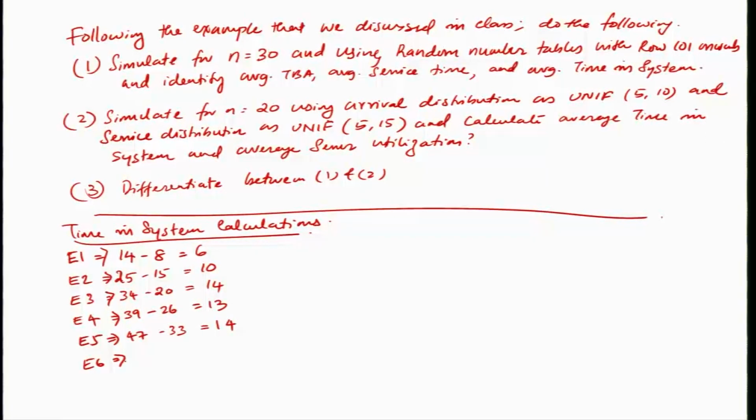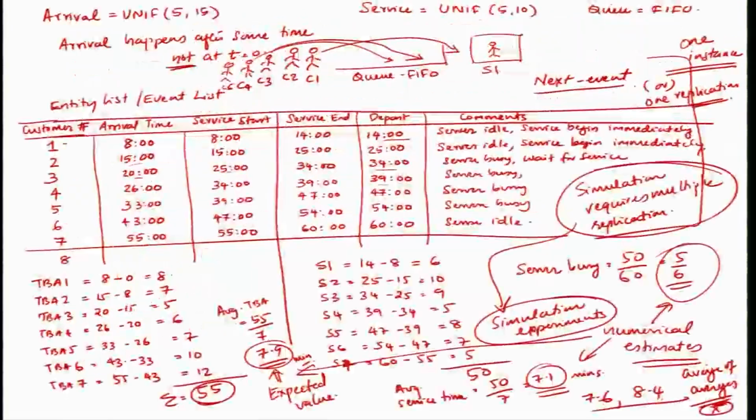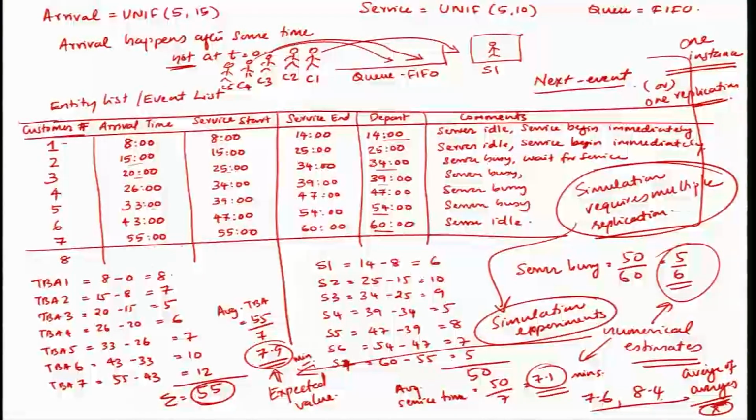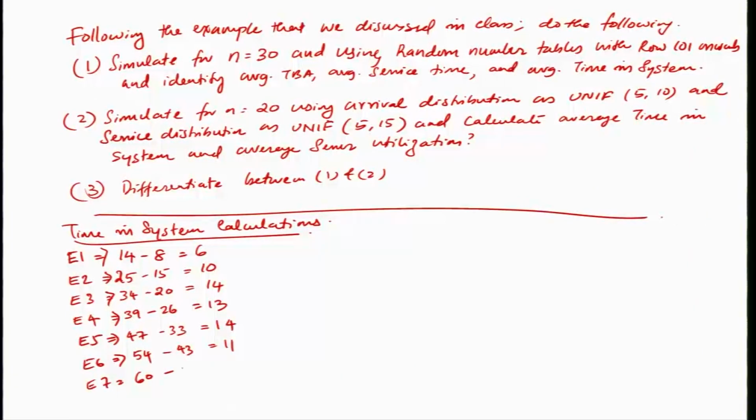Entity 6 left at 54 and arrived at 43, so it is 11. Entity 7 left at 60 and arrived at 55, so that is equal to 5.